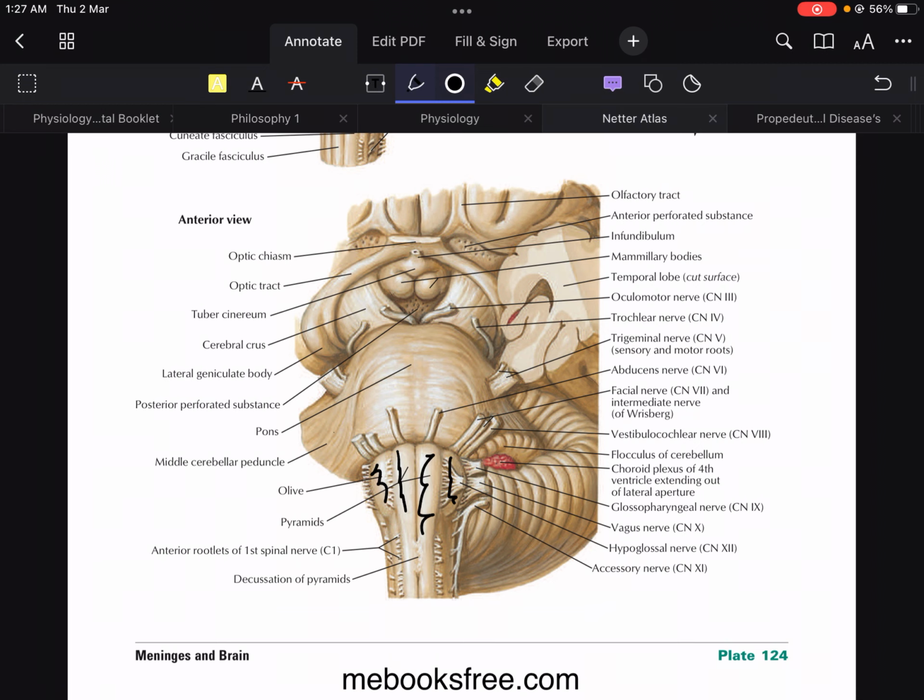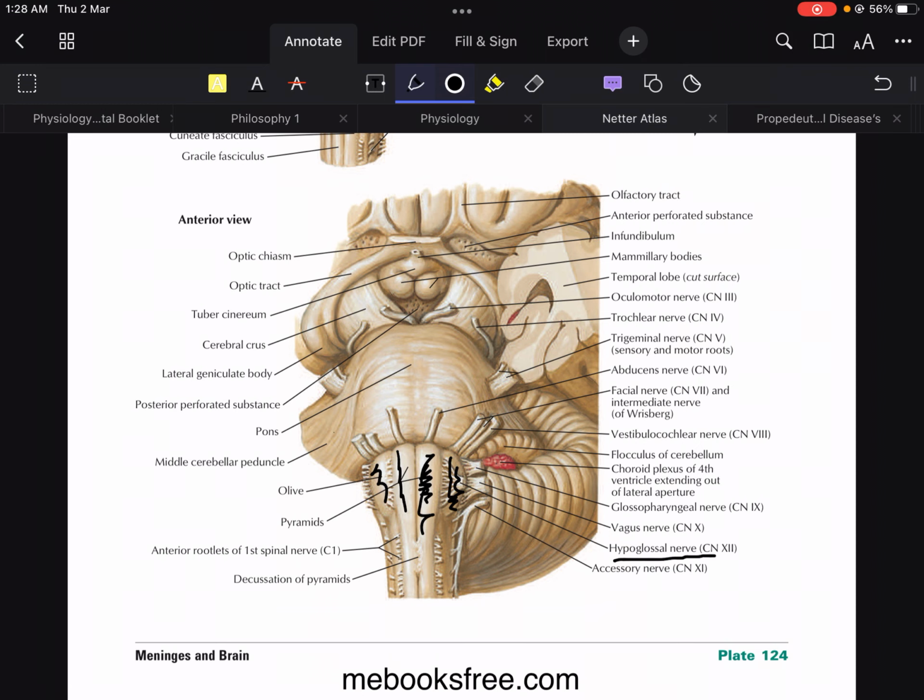So we have 12 pairs of cranial nerves. The last four, I mean the 12th, 11th, 10th, and 9th, exit from the medulla oblongata. What are the names of these nerves? The 12th one is the hypoglossal nerve. If you look, it exits between the pyramid and the olive.